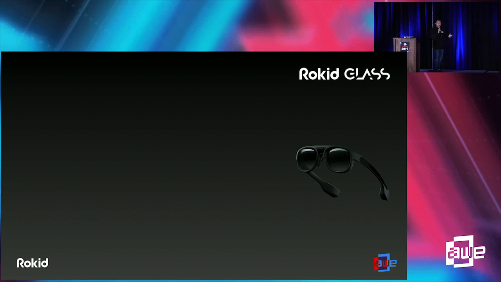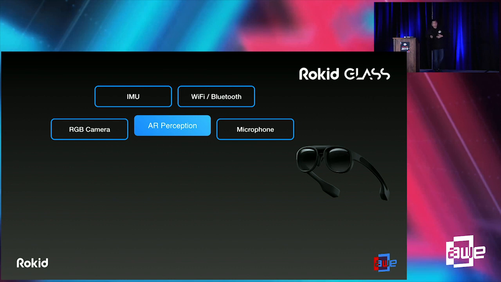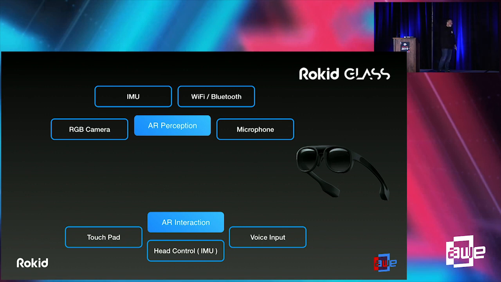Okay, take Rokid Glass as an example. Rokid Glass has an RGB camera, IMU, Wi-Fi, Bluetooth, and a microphone. For the interaction part, we have a touchpad on the right side, voice input for the voice assistant, and head control with the IMU.